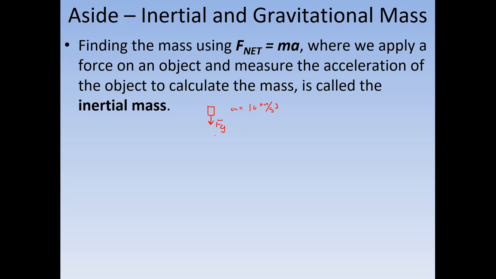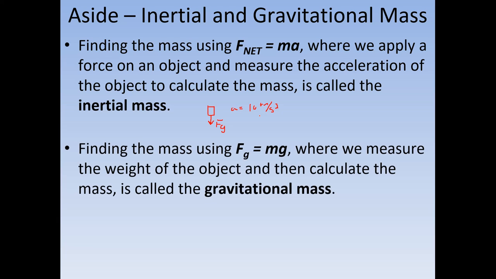So by knowing that the net force is equal to this force due to gravity, and that the acceleration is the acceleration due to gravity, I can rewrite the F net equals ma equation into an equation for how much force we feel on a planet. If we want to figure out the weight or the force of gravity on a planet, we could use this equation, Fg equals mg. It just follows the same F net equals ma equation. If we use this equation to find mass, then we end up getting something called the gravitational mass. So depending on which of these two equations we use, we end up getting a different mass.